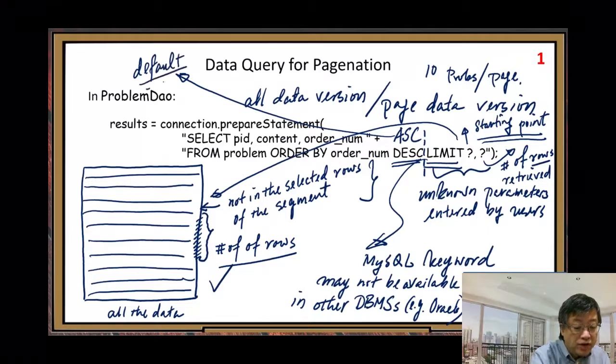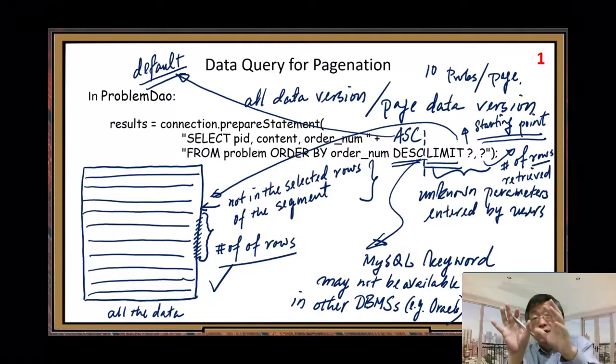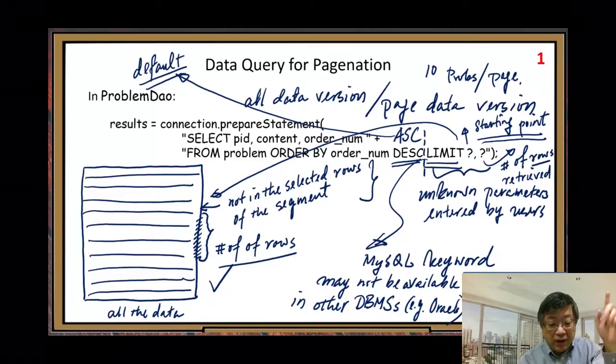The default order is ascending order. That means we do not need to specify it. We just remove DESC, and we will get the ascending order. All right? So that's another thing.